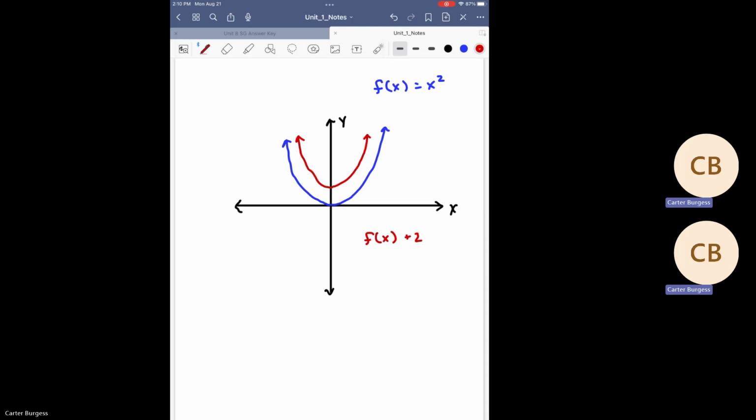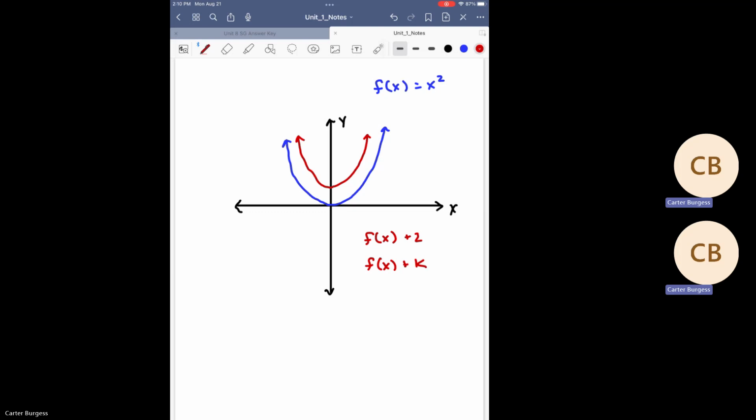Now, of course, we can shift something up by 2. That's really cool. We want to have a little bit more flexibility than just moving something up by 2. So rather than f of x plus 2, let's say we want to look at f of x plus k, where k represents how far up we are shifting.